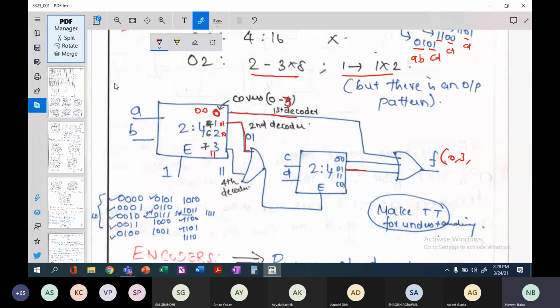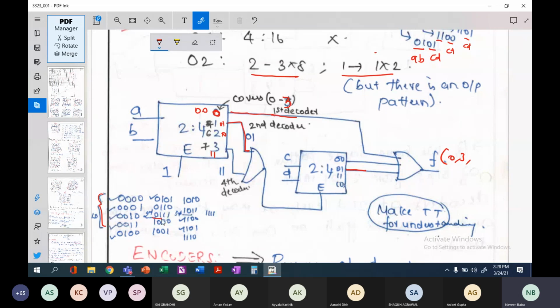You need two 3x8 decoders, or 2x4 decoders. Now we are using only two 2x4 decoders. So the first four inputs will be taken care of by the first decoder.